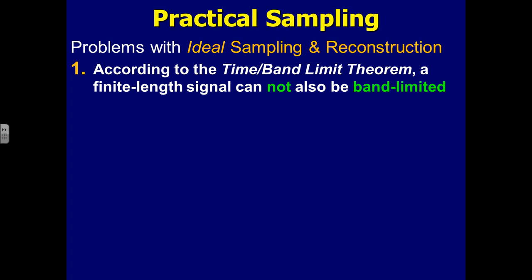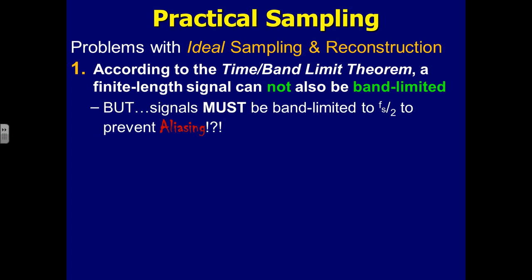And so a finite length time signal cannot be band limited. Most of the signals we'll be looking at are finite length, or at least we'll be looking at a finite number of samples of them. And it's also true that most signals must be band limited to this Nyquist rate, or Fs over 2, or else we're going to have aliasing.